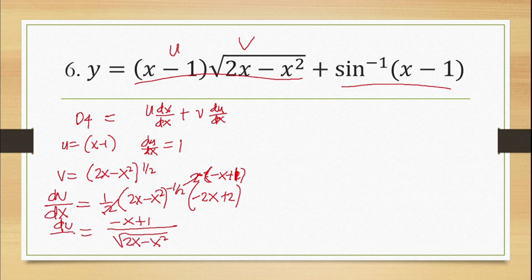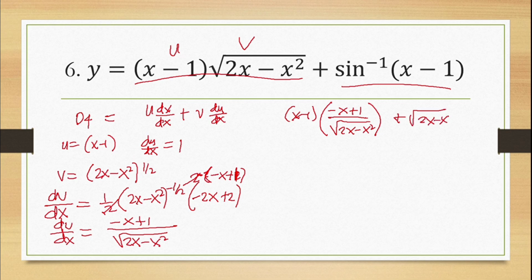So that is dv over dx. Now we are going to take the derivative of the product. Our u here is x minus 1 times the derivative of v, which is negative x plus 1 over the square root of 2x minus x squared, plus our v, the square root of 2x minus x squared, times the derivative of u, which is 1.